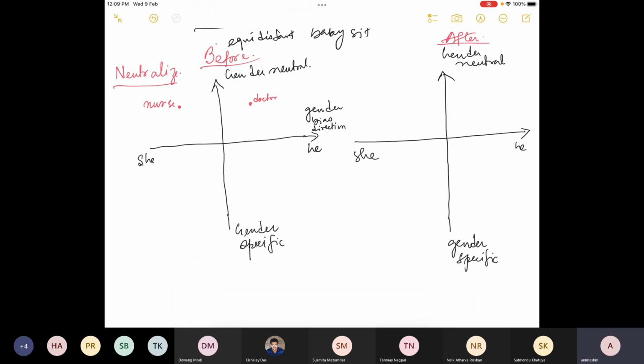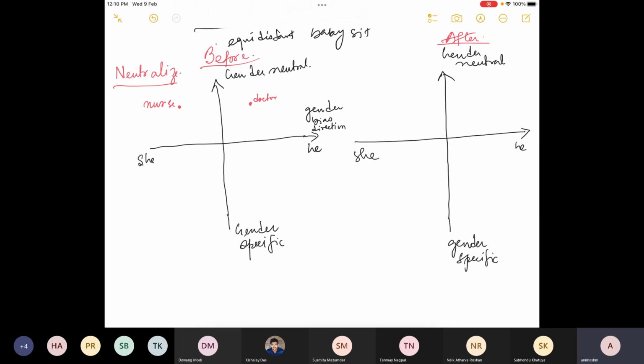Because what you see here is that nurse is more close to she, whereas the doctor is more close to he. So this should not be the case. This should not be the ideal case, because these are actually gender neutral occupations. However, due to stereotypical issues, they fall in the quadrants according to what you see here, one close to she and the other close to he.